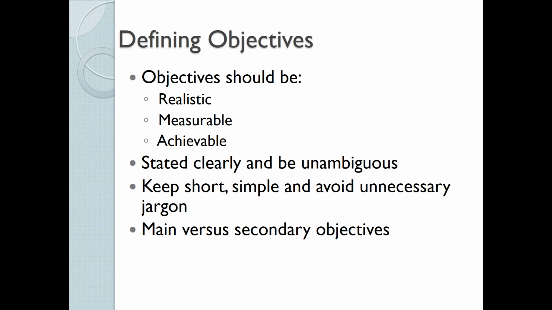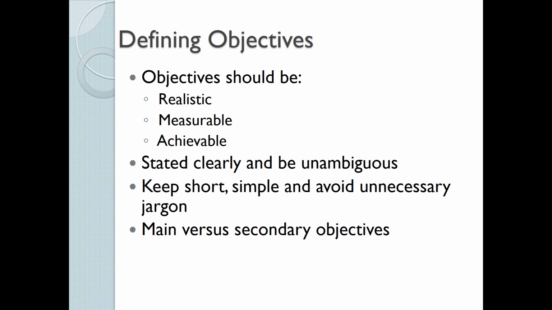Objectives are the measurable action items of a research project. They need to be realistic, measurable, and achievable, and we don't always get that when we formulate a hypothesis. Therefore, most research projects will begin with a hypothesis and then have really defined objectives to carry out that process.